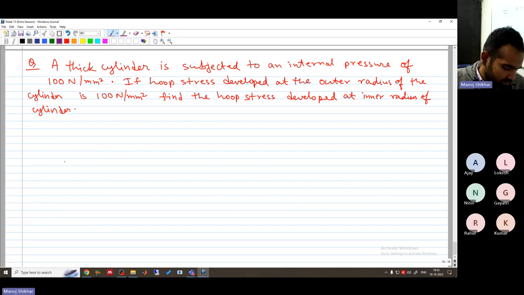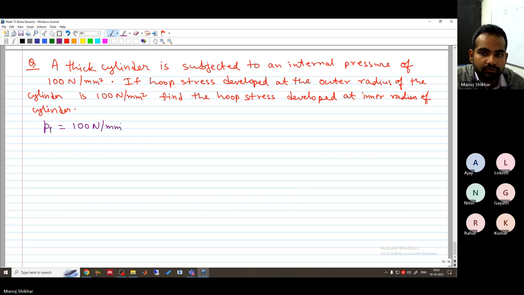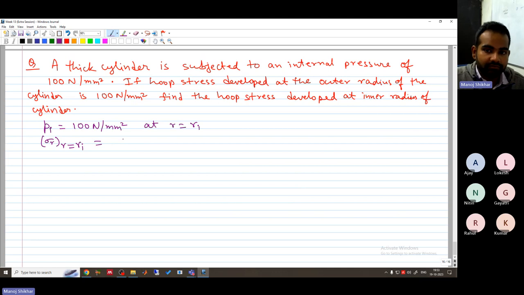So in this question, they have given Pi equal to 100 Newton per mm square at r equal to Ri. Now sigma r in radial direction at r equal to Ri will be minus 100 Newton per mm square, right?